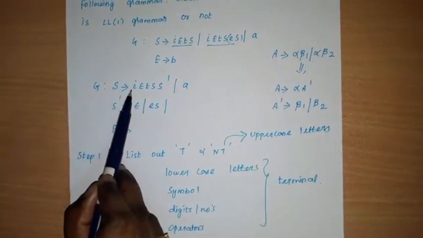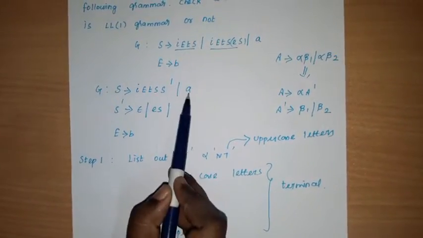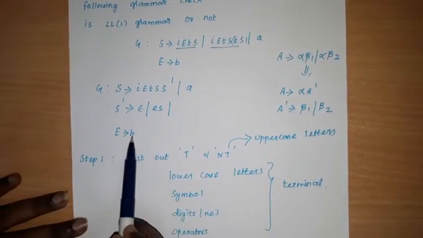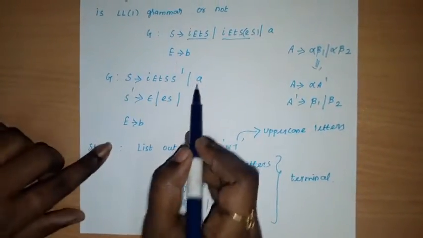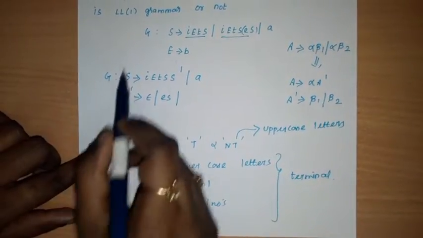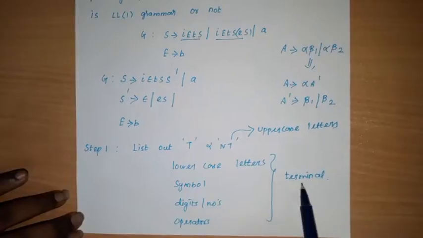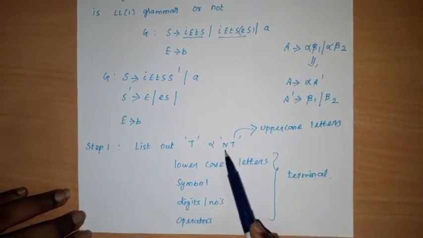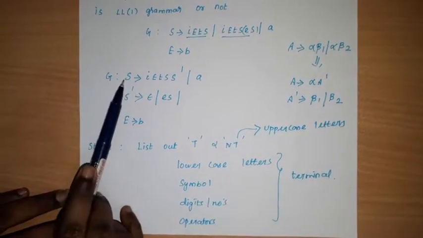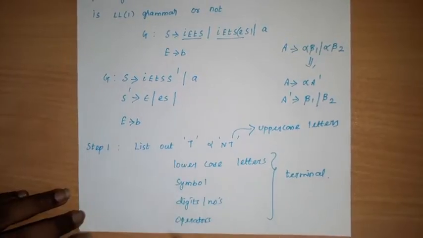In this grammar, the terminal symbols are small i, t, a, e and b. So there are 5 terminals: i, t, a, e and b. These 5 symbols are lowercase letters, so they come under the category of terminal symbols. Then the non-terminals are uppercase letters: capital S, S dash and capital E. So there are 3 non-terminal values.